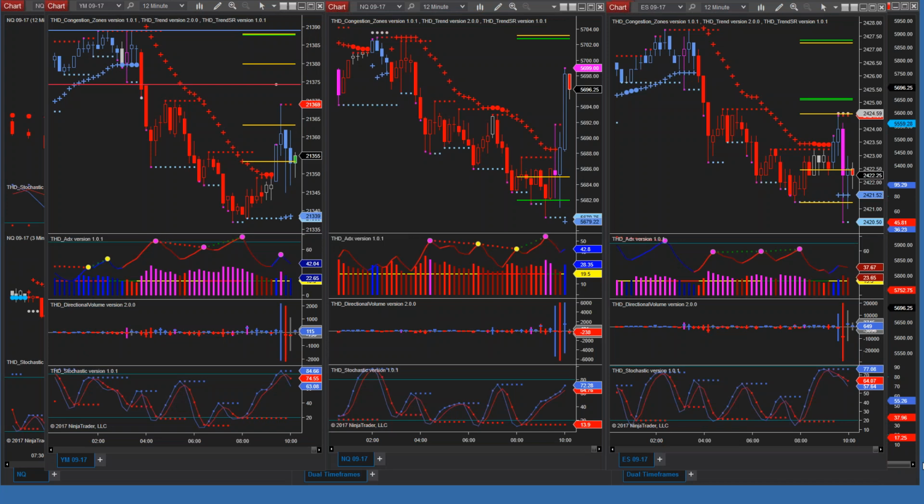Now, normally you don't see all of these indicators on my screen, and the biggest reason is it's kind of overwhelming the first time that you look at it. But I wanted to go over all of the indicators and show you why I actually use all of them. So these lines that you see right here on the NASDAQ chart are coming from the congestion zone indicators.